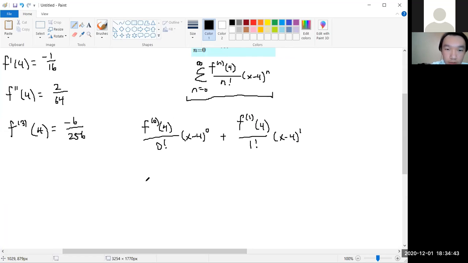And then plus, the next term is f2 of 4 over 2 factorial times x minus 4 to the second power. Sorry, I made a mistake here, this is supposed to be 2 factorial.